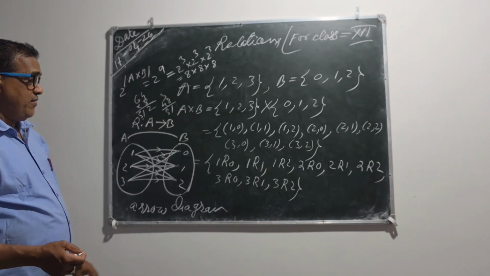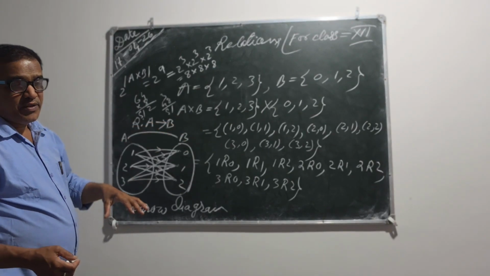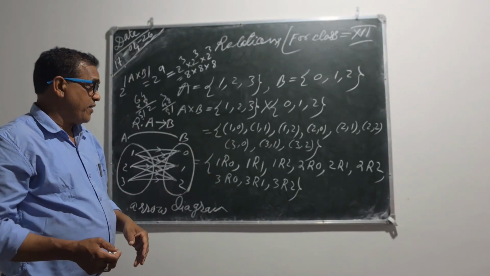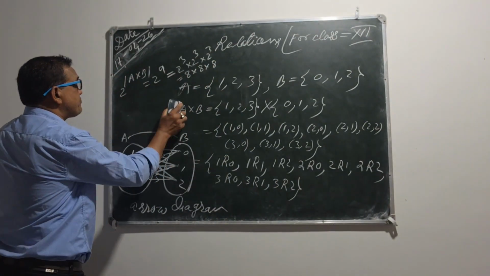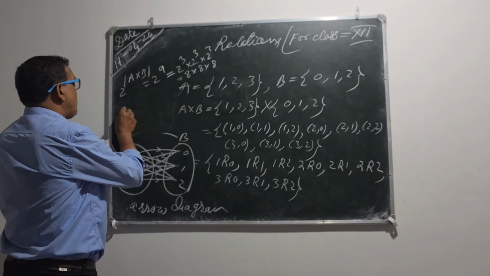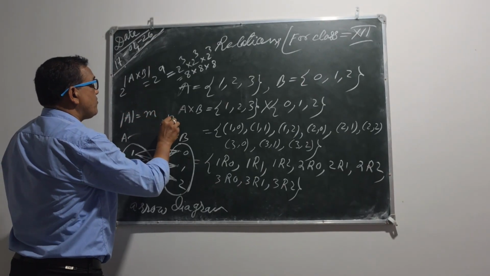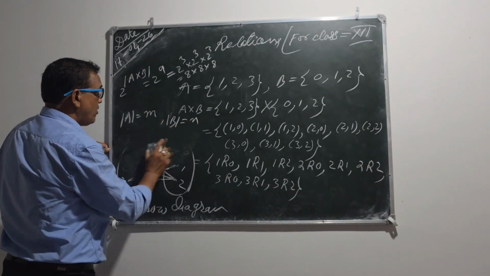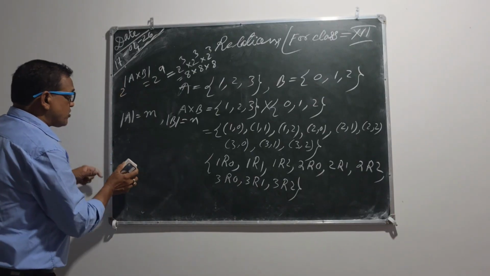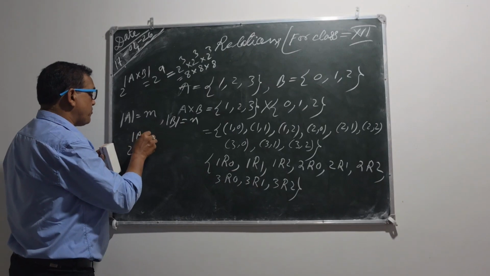So for any Cartesian product we can find the number of relations according to the number of ordered pairs. Suppose in the set, modulus of A equals m and modulus of B equals n, then the total number of elements in A cross B will be modulus of A cross B, which is mn.